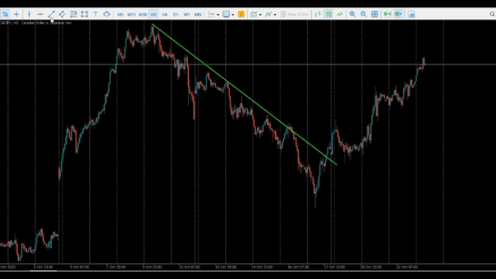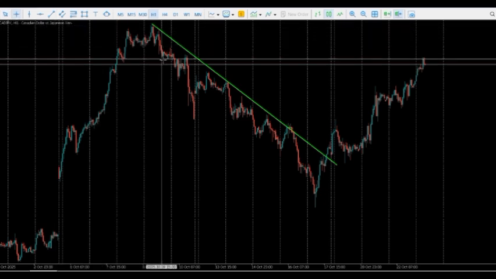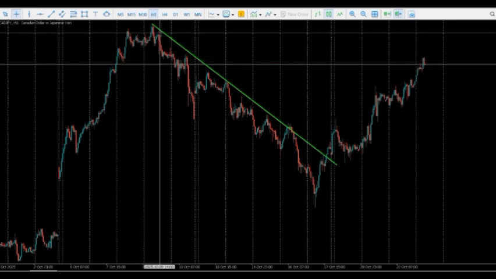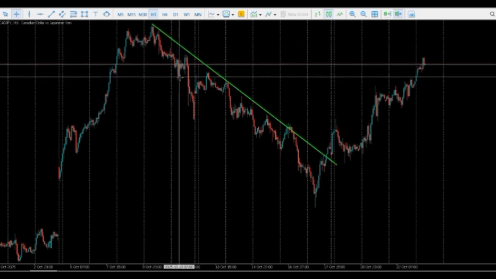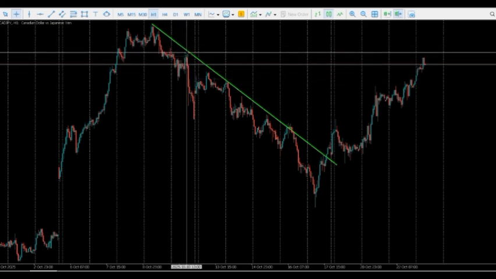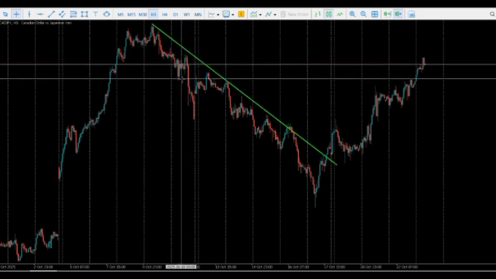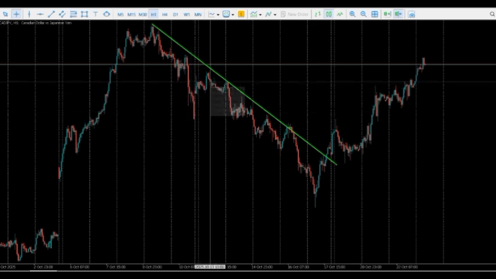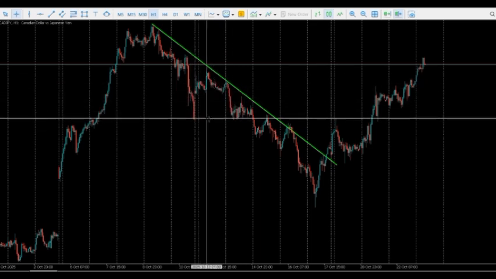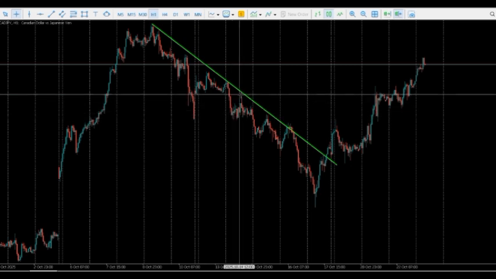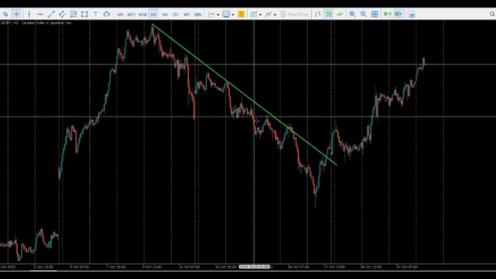Price created a high, and it moved and created a low, created a lower high, created a lower low, created a lower high. At this point, you draw your trend line that has touched 3 points. It moved, created a low, another lower high, created a lower low.